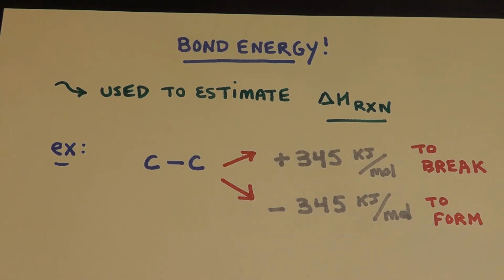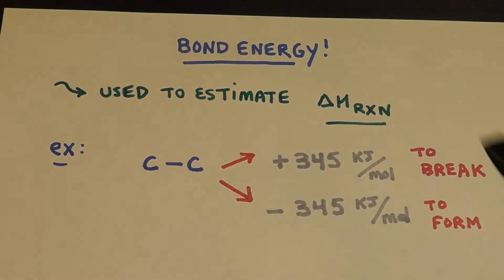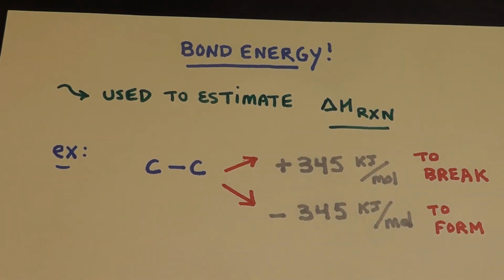If you were to put next to this carbon-carbon bond a fluorine or something that's like an electron hog, or an oxygen, it might affect its energy to break slightly. But if we ignore that little bit of noise, it takes about 345 kilojoules of energy to break a bond, and you release 345 kilojoules to make a bond.